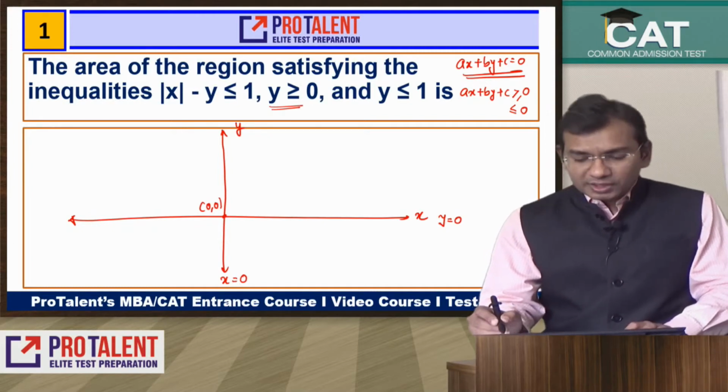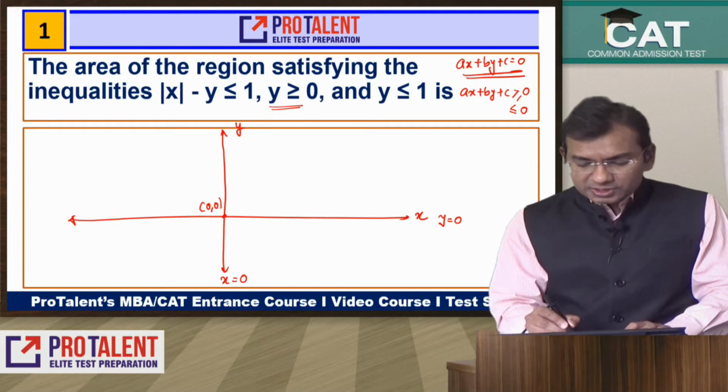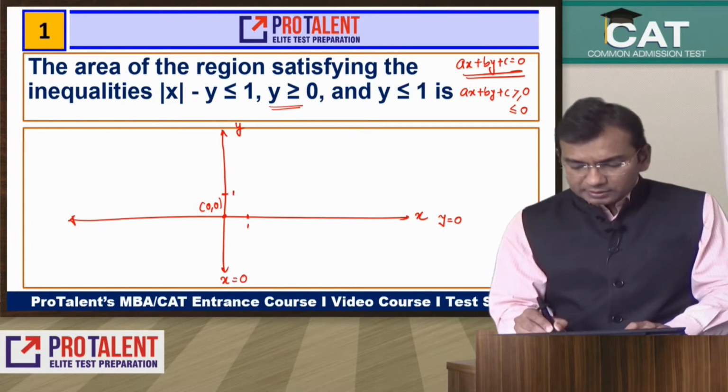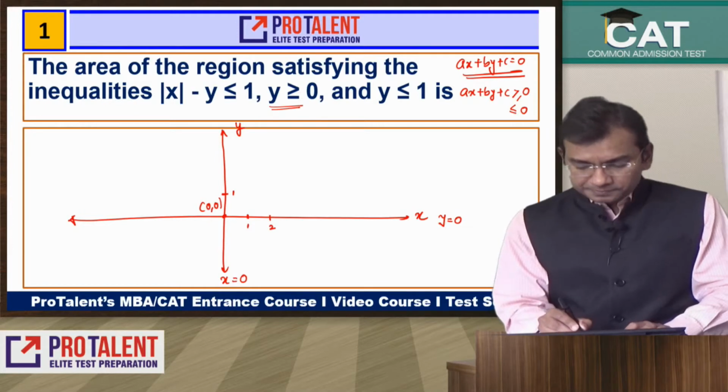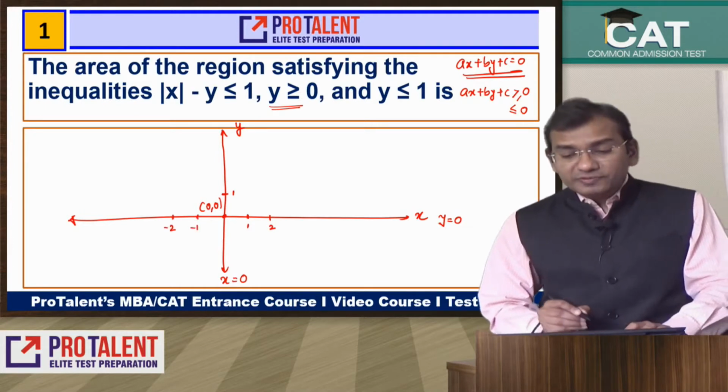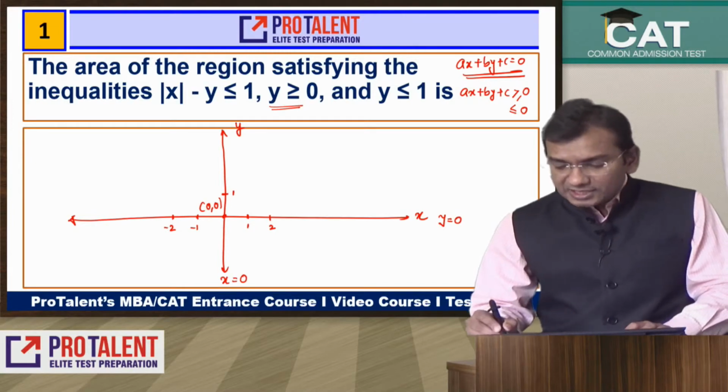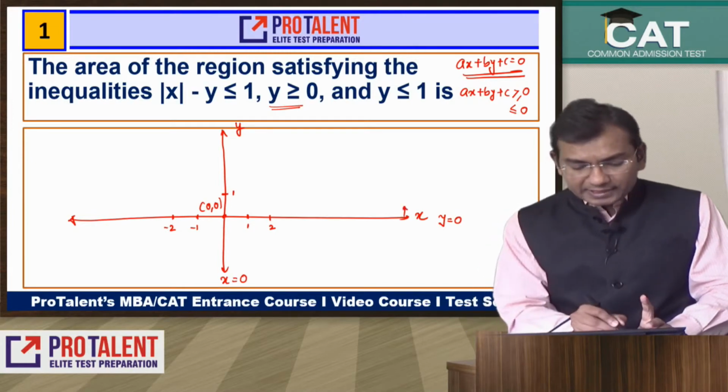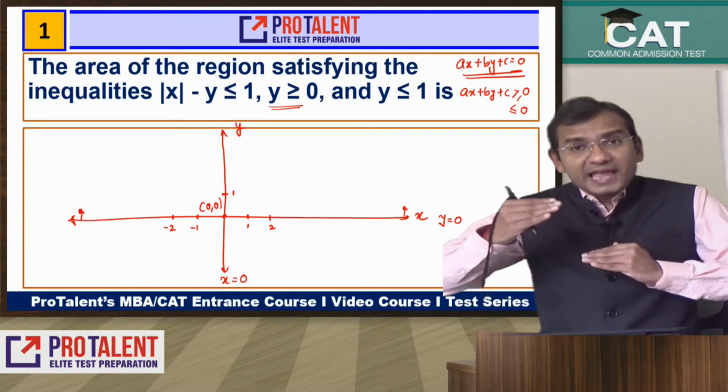Therefore, if I have to find y greater than or equal to 0 and y less than or equal to 1, so this is 0, 0, and let's say this is 1, this is also 1, this is 2, excuse me, this is minus 1, this is minus 2. So we are saying y greater than 0, which means we are looking at the area above the x-axis.